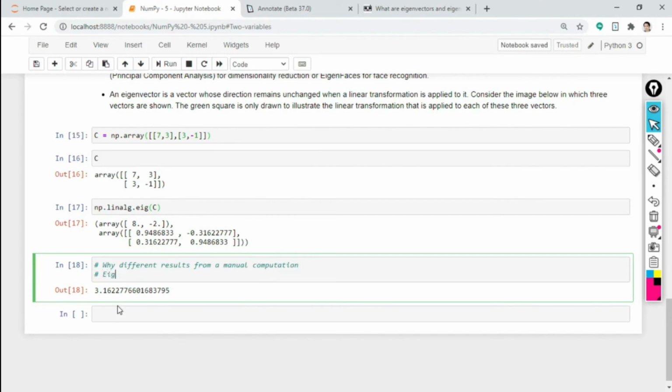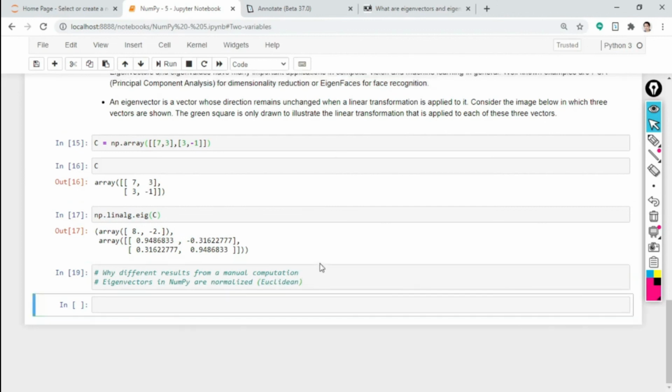Eigenvectors in NumPy are normalized. So you apply them.